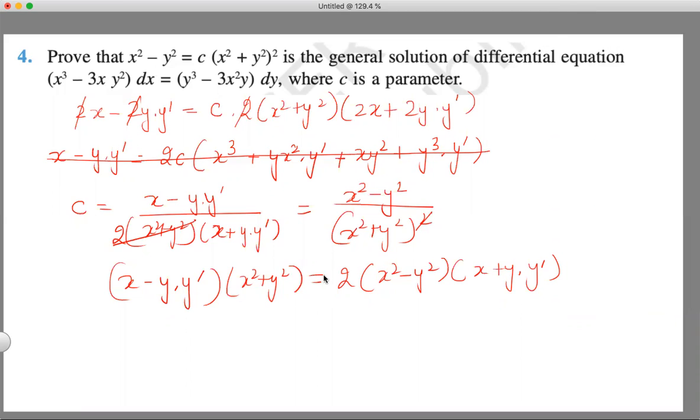Okay. So now, you know, we just have to simplify this. We have to open these brackets and regroup the terms. And we will get dy by dx as equal to x cube minus 3xy square by y cube minus 3x square y. तो वो regroup करके we will get back the same answer. तो इसमें जो important part था वो elimination of C ही है.